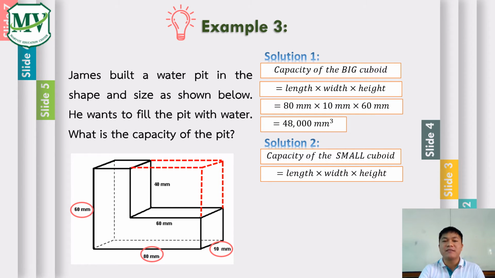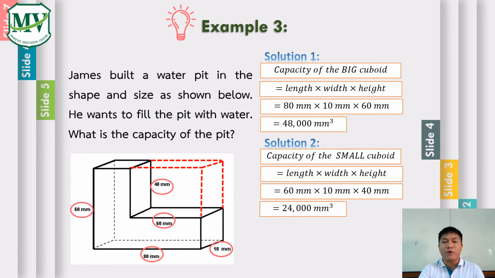The same formula, length times width times height. Since the length is equal to 60 millimeters, the width equals 10 millimeters, the height equals 40 millimeters. Multiplying the three values, the product is 24,000 cubic millimeters.